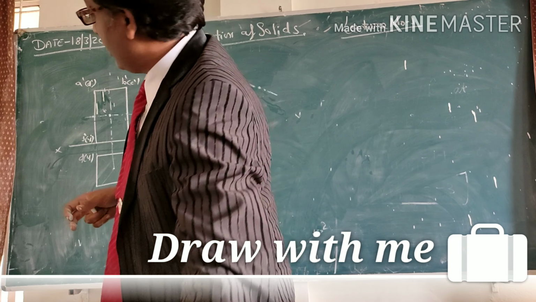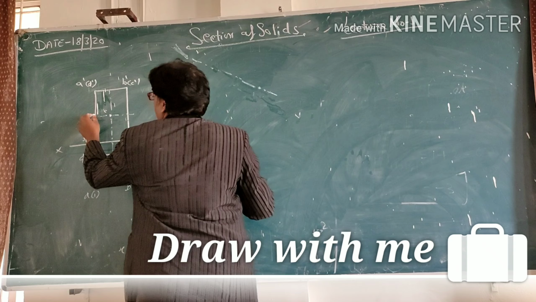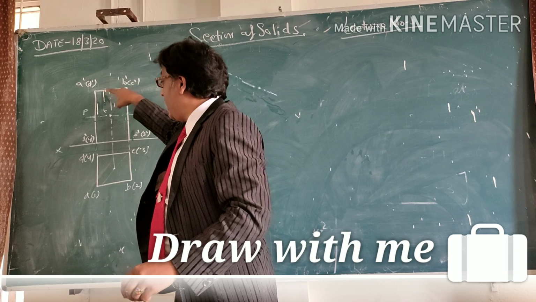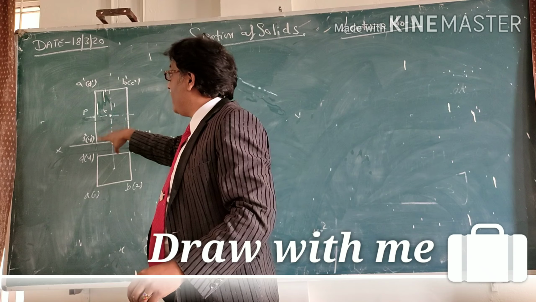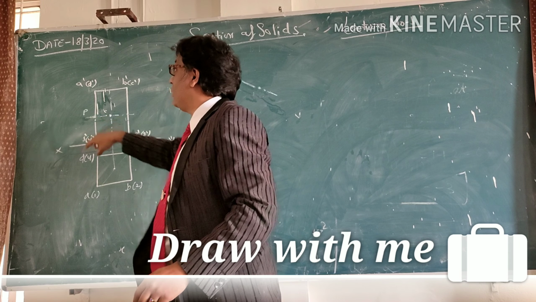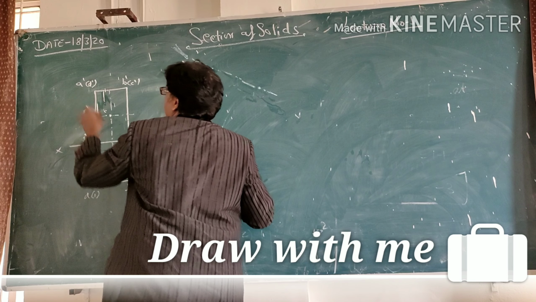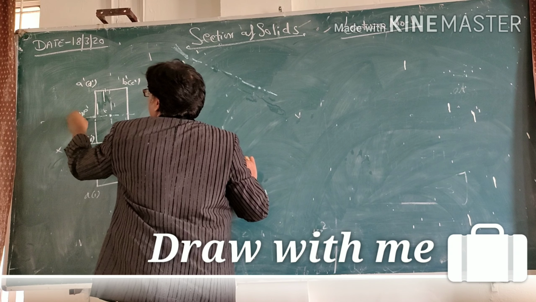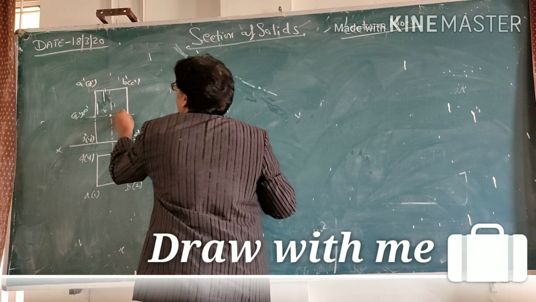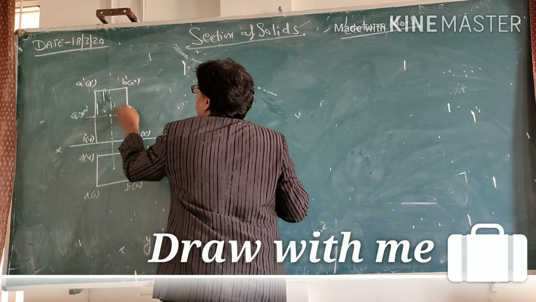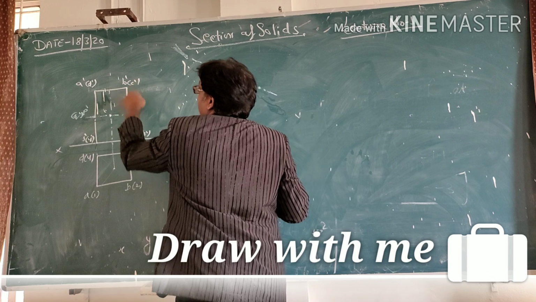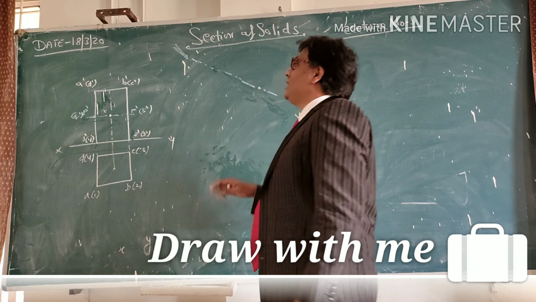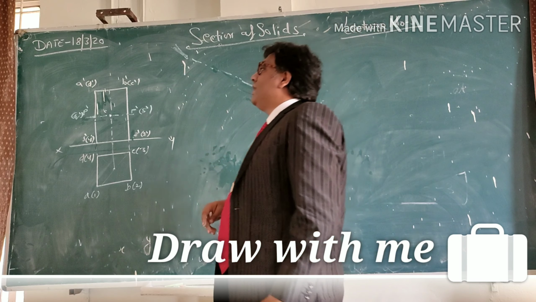So here, P for A and 1, you can give the P naming. For D and 4, you can give the Q naming, because Q is hidden. For B and 2, you can give the R naming, and for C and 3, you can give the S naming. S is also hidden. This is our cutting plane line.